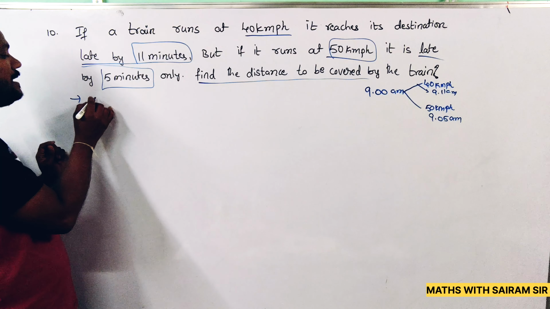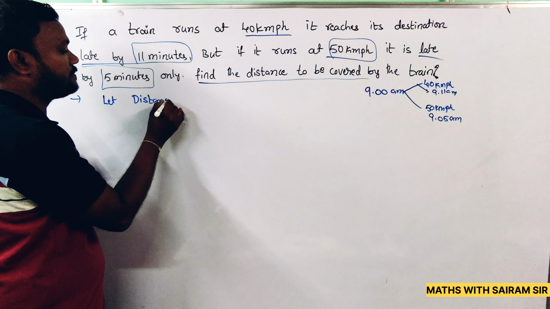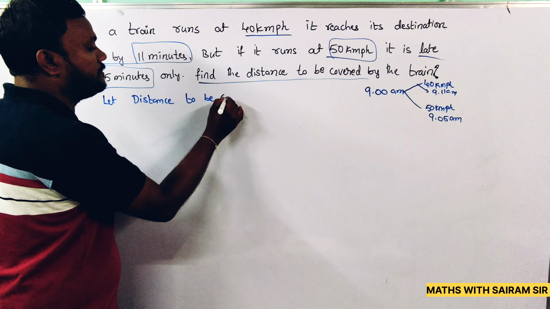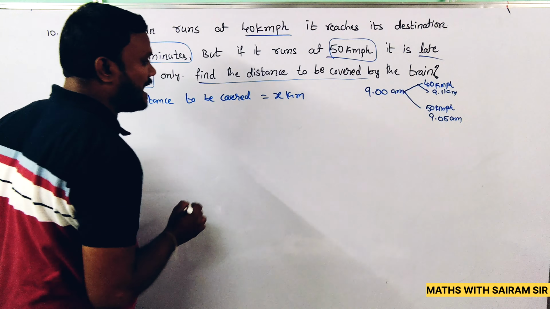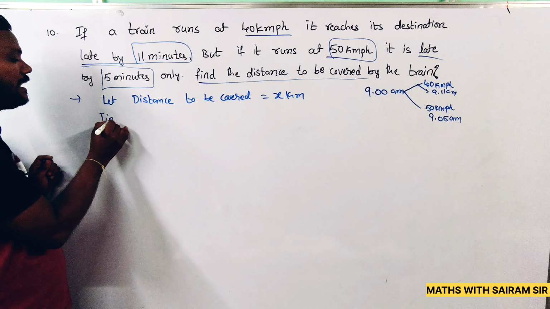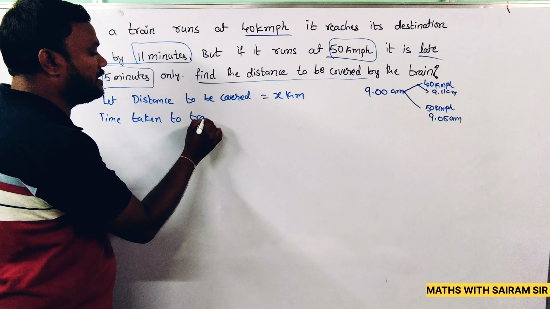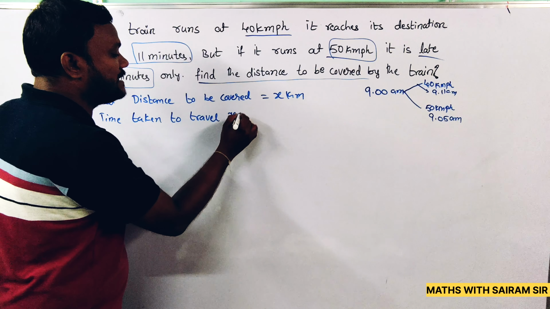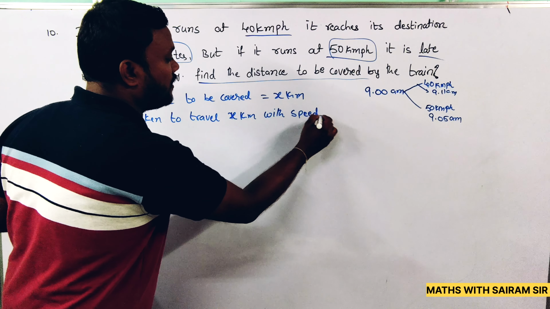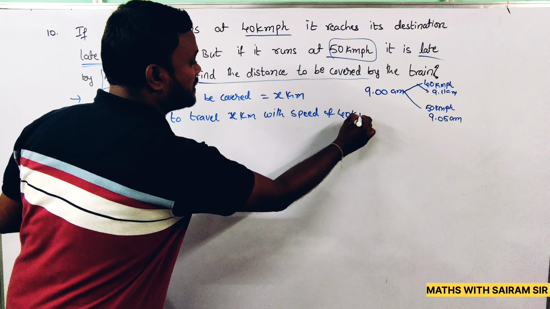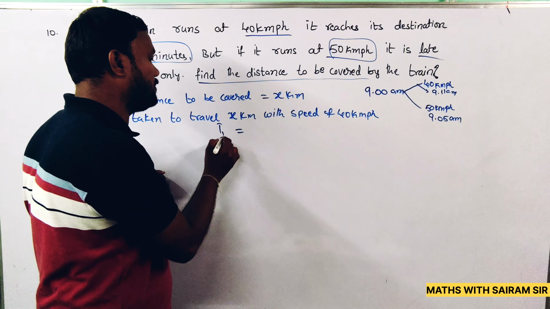So for that, let me assume the distance to be covered as x kilometers. Then the time taken to travel this x kilometers with a speed of 40 kilometers per hour, I am supposing as time 1.